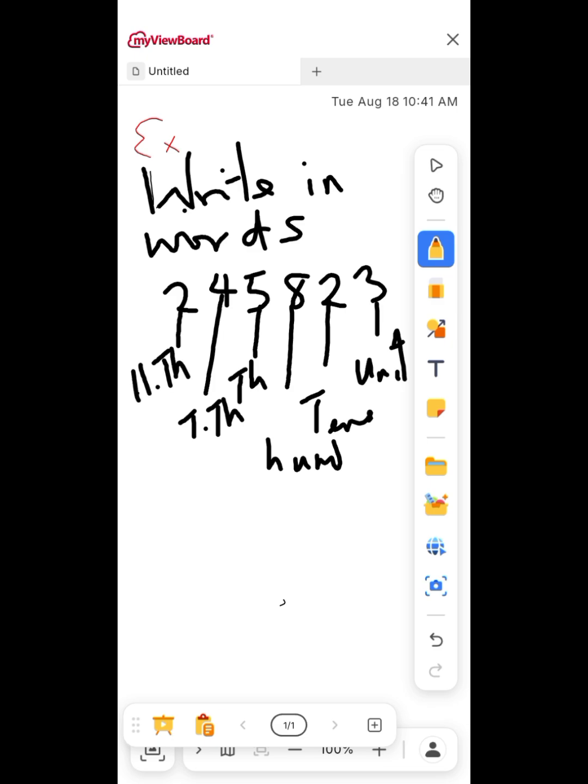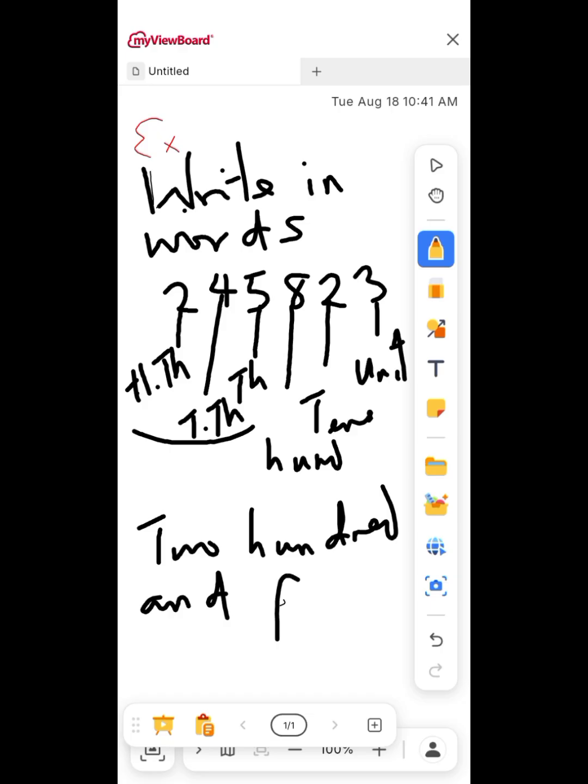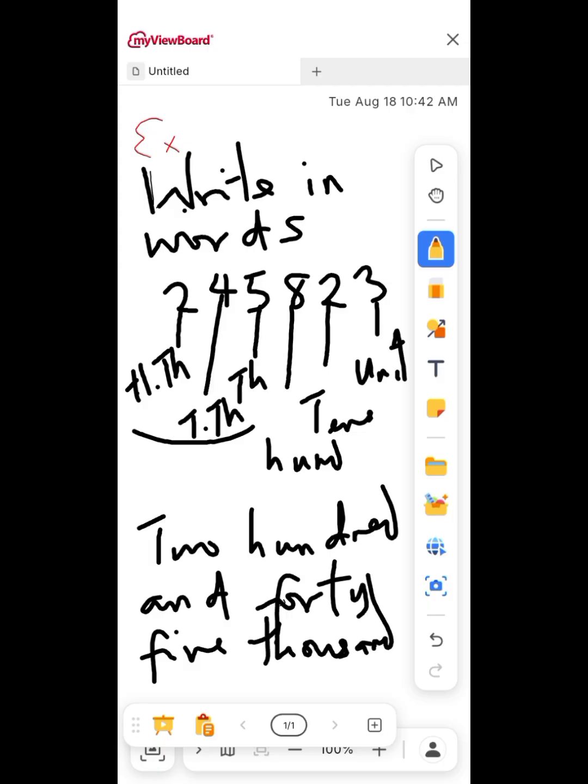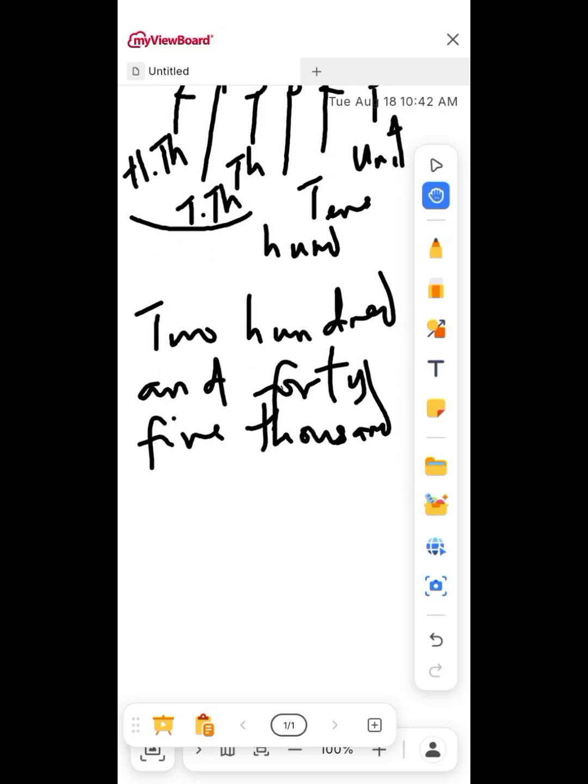So when we combine our thousands together, that would be 245,000.